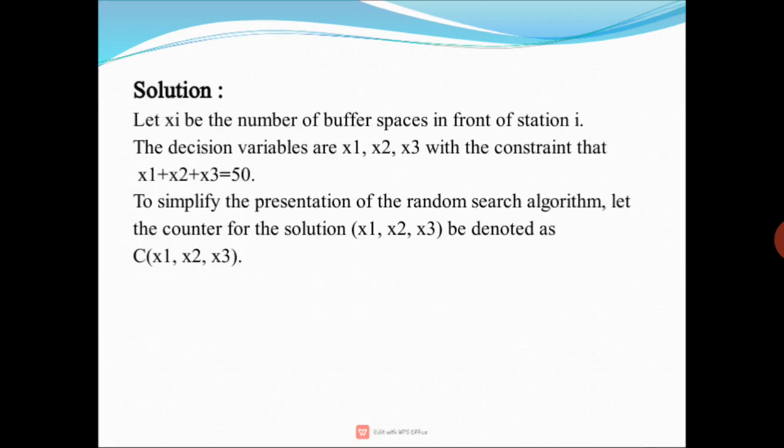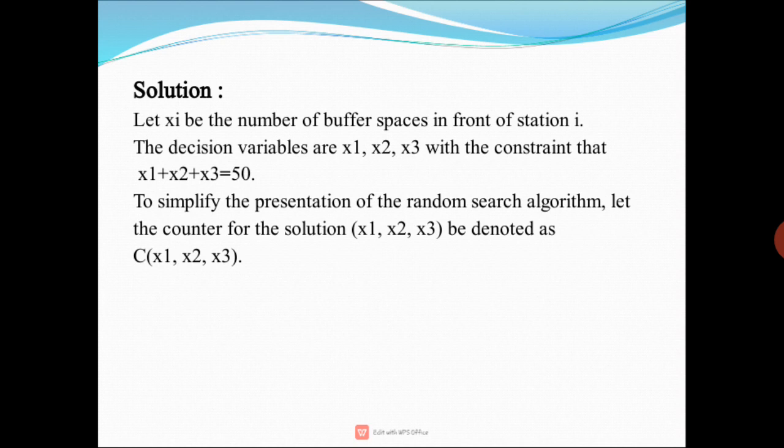Let's see the solution. Let xi be the number of buffer spaces in front of station i. The decision variables are x1, x2, x3 with a constraint that x1 plus x2 plus x3 equals 50, where the buffer space between station 0 and 1 is x1, between 1 and 2 is x2, and between 2 and 3 is x3, as given in the question that buffer space between stations is limited to 50 parts total.